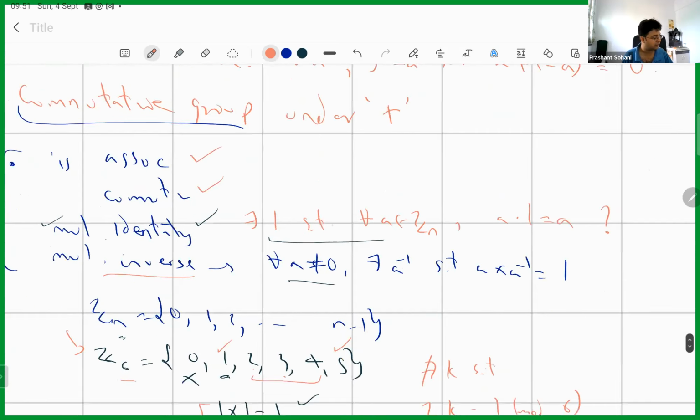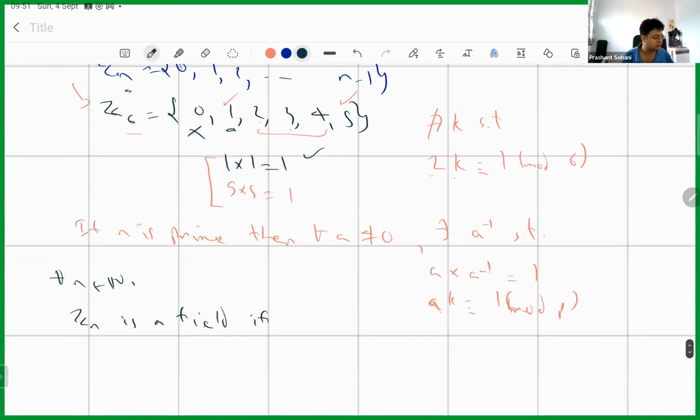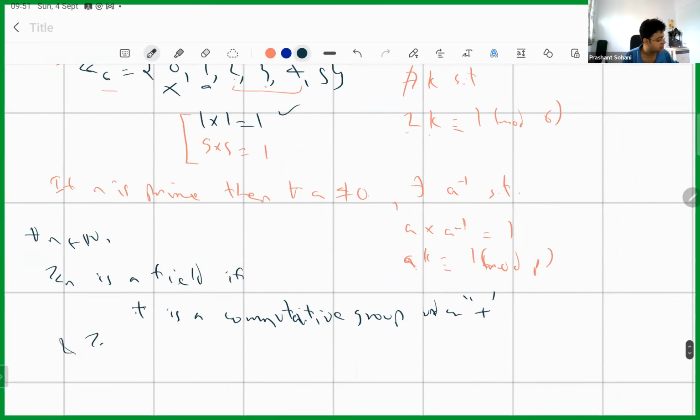Now, this is a general definition that any object is a field if it is a commutative group under addition, okay, and the set except the 0 element, so you keep the 0 element outside, is a commutative group under multiplication. Dot or into, but it doesn't matter.